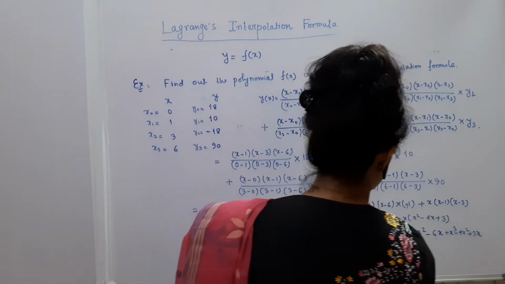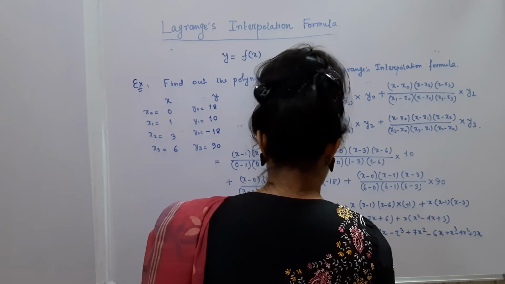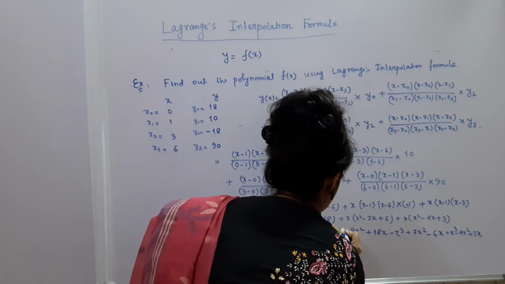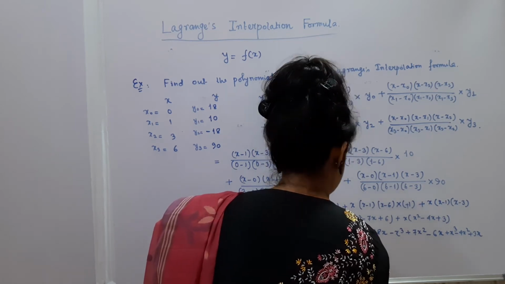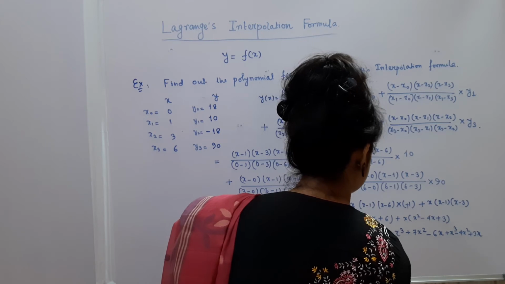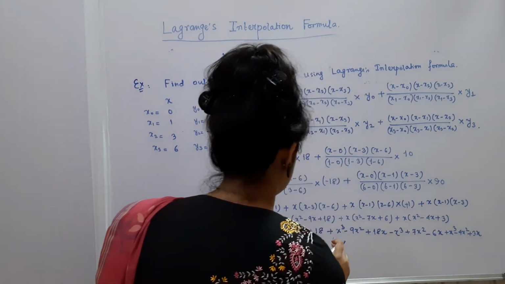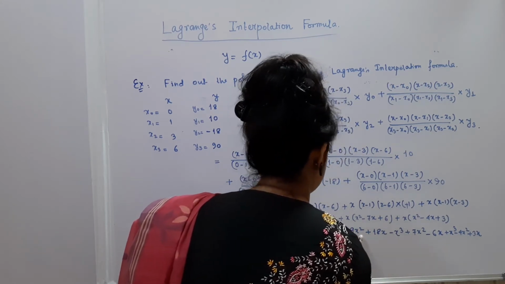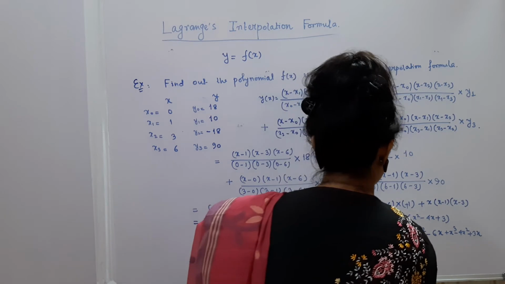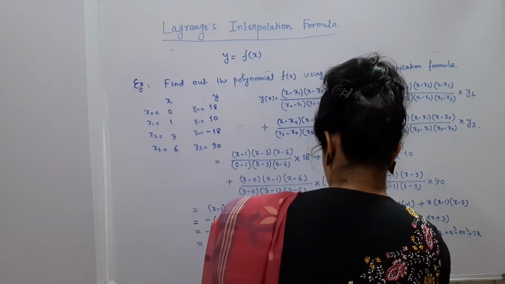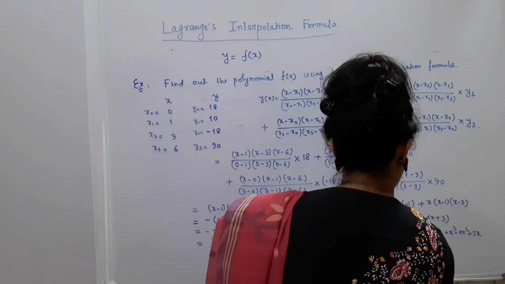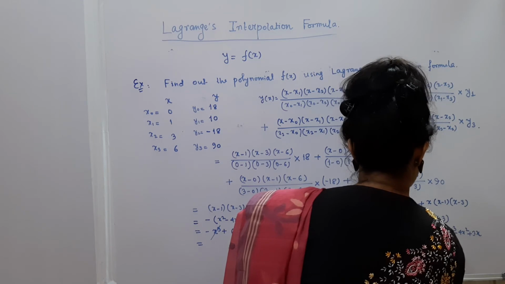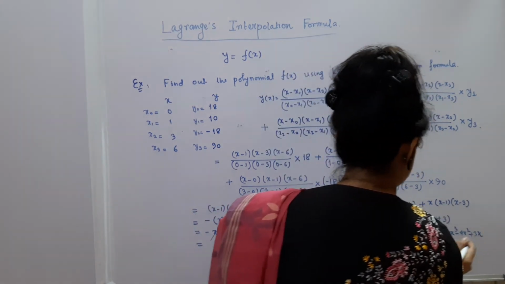So therefore you can write it as, I'm so sorry, that will be x cube minus 9x square minus 8x, this will be plus x cube, then minus 7x square and plus 6x, and this is the term.